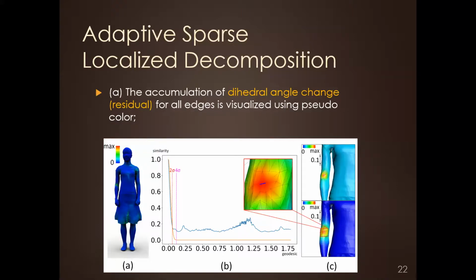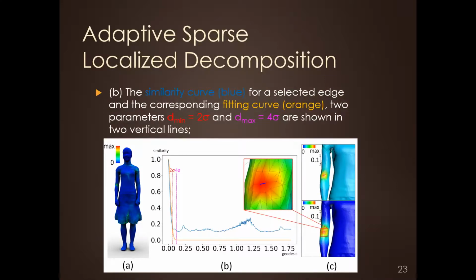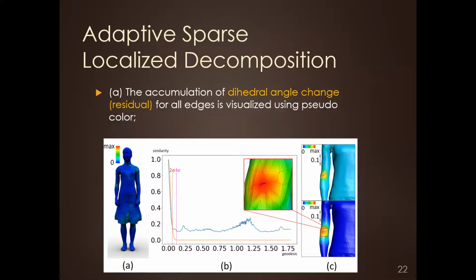And in the following steps, I will take Samba sequence as examples. As A shows, it is the visualizations of the accumulation of angle changes for all edges. The deeper the color is, the greater the edge changes, and the edge with the greatest changes will be selected as the seed point of a component.